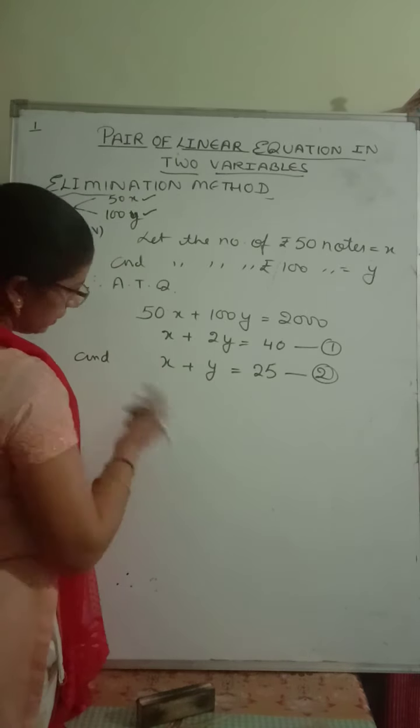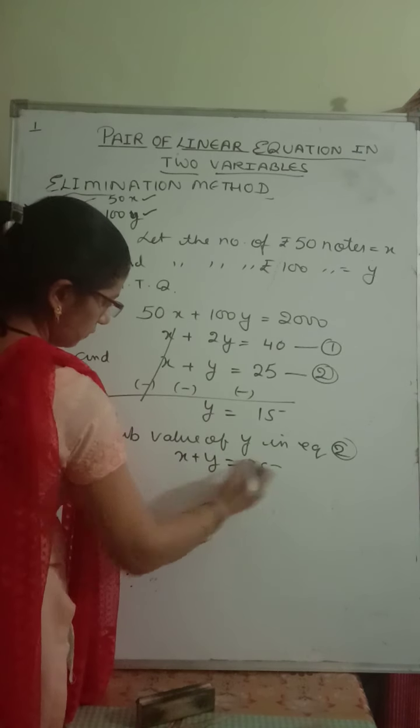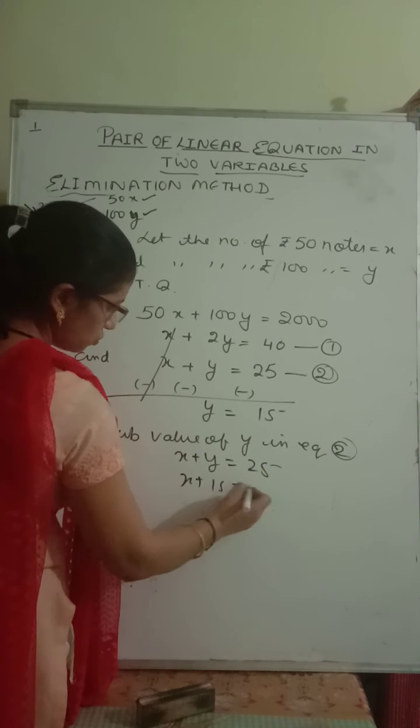So we can subtract it, minus minus minus cancel out, plus minus minus. So y is equals to minus 35, 15 is left. So y is 15. Substituting value of y in equation 2. So what is equation 2? x plus y is equals to 25. So x plus 15 equals to 25.